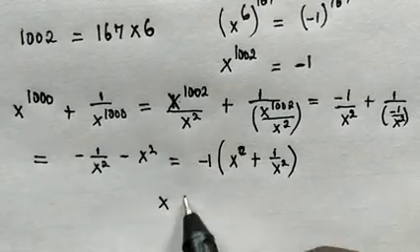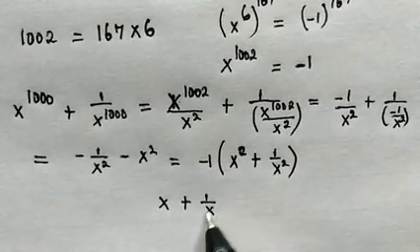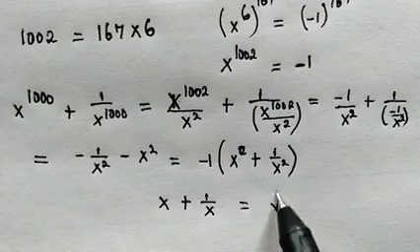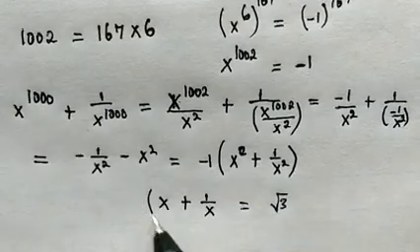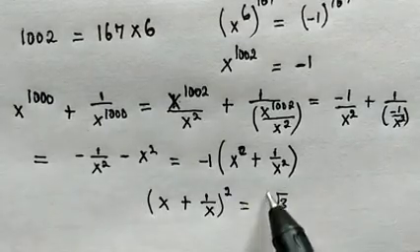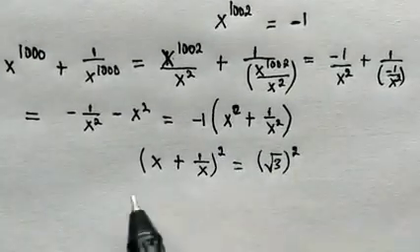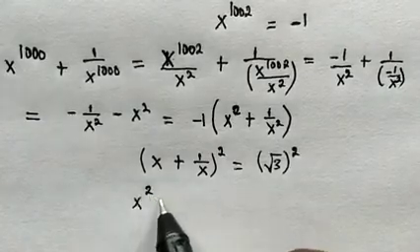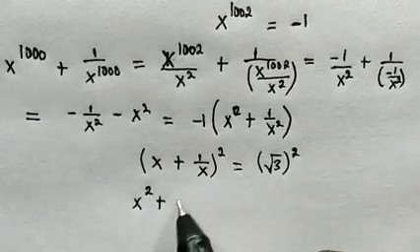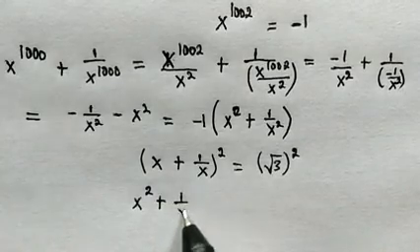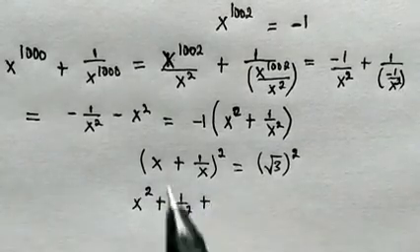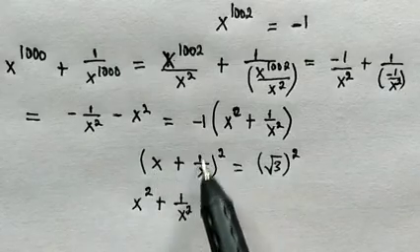The original equation is x plus 1 all over x, which is equal to root 3. So let's square both sides. So by squaring both sides, the left hand side will be x squared plus 1 over x squared plus 2 times this term here times this term here.